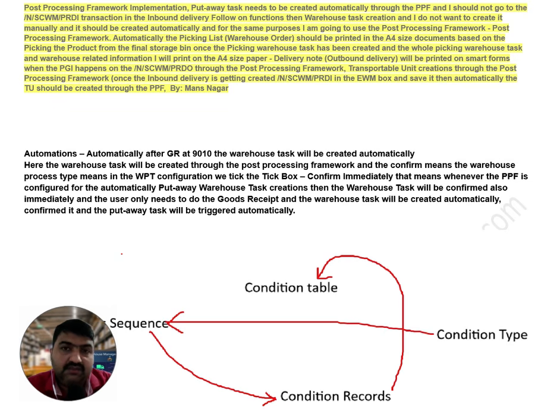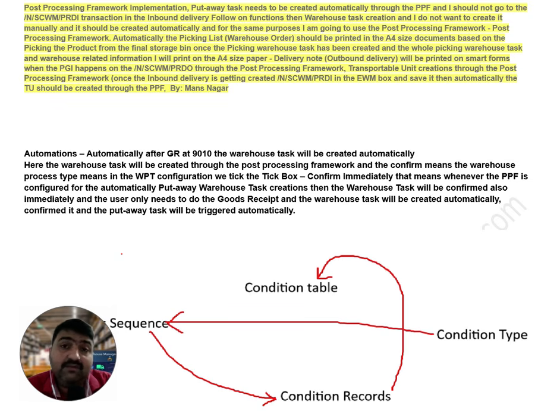We process the inbound delivery in the EWM layer through the PRDI transaction. The full transaction is /n/SCWM/PRDI. Then we go to the follow-on function warehouse task. We create the putaway warehouse task.